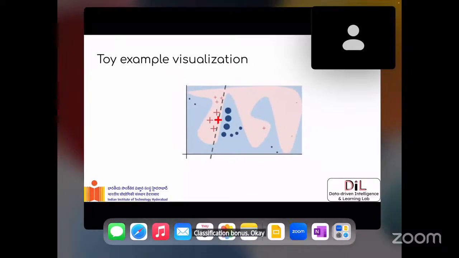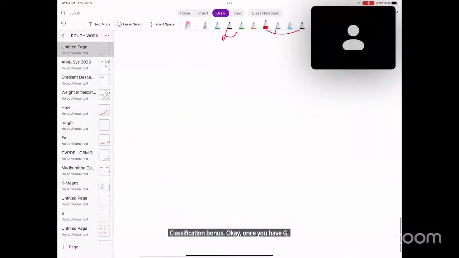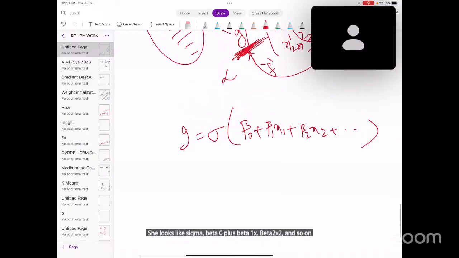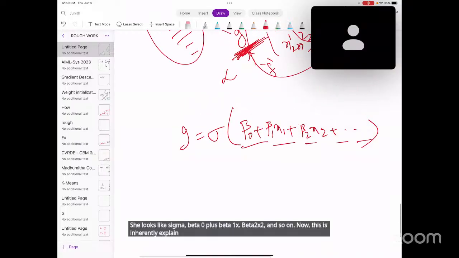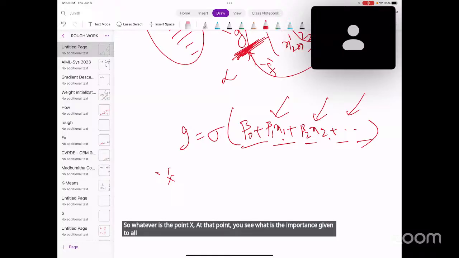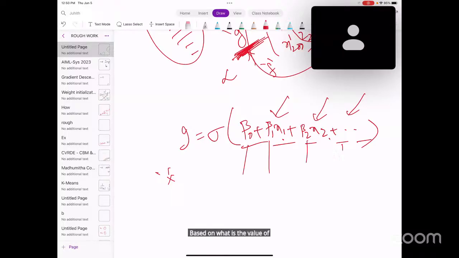Okay, once you have G, remember how G looks. It looks like sigma beta 0 plus beta 1 x1, beta 2 x2, and so on. Now this is inherently explainable. So whatever is the point x, at that point you see what importance is given to all these individual components based on the values of beta 0, beta 1, beta 2.